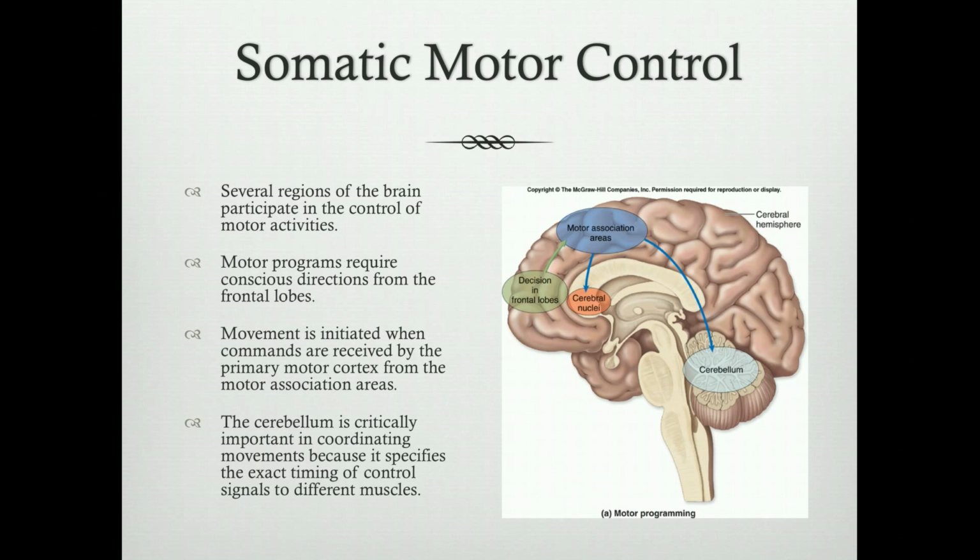And again, the frontal lobes are a major player in the inhibition of certain activities. So specifically, it allows us to make those good conscious decisions as to whether or not we should actually do something. So should we do this? Should we not do this?